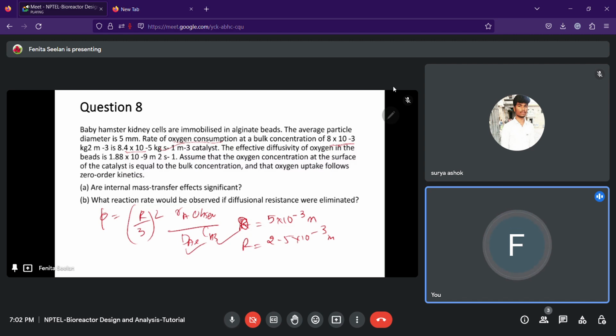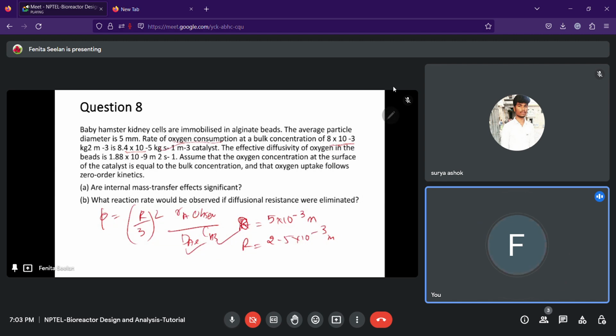A Thiele modulus of greater than 1 means what? Whether your internal mass transfer effects are significant or not significant. So basically your Thiele modulus is your reaction rate divided by your diffusion rate, right?